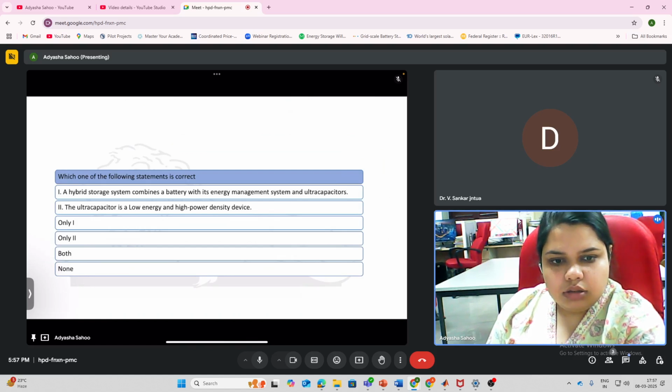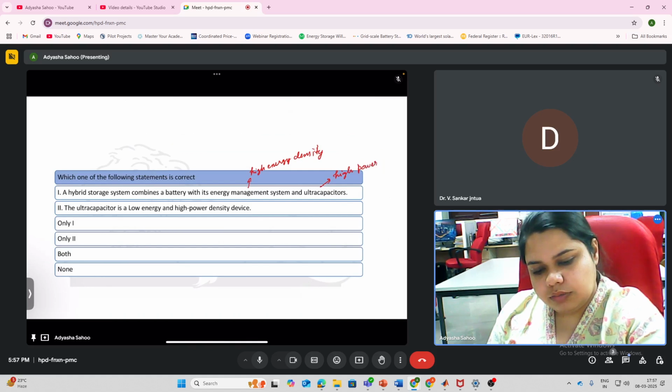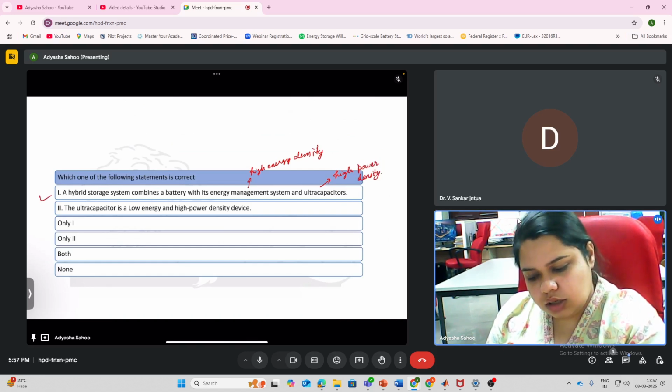Hybrid storage will combine battery technology, which has high energy density, with ultra capacitors, which are a high power density storage technology, to form a hybrid storage system. So this is correct, and this is also correct. So both.